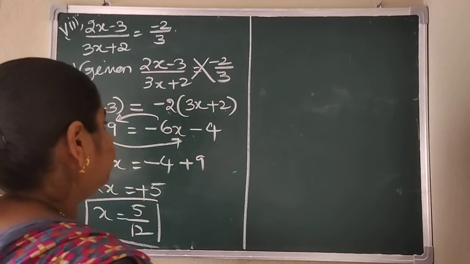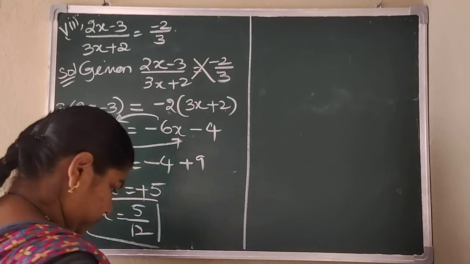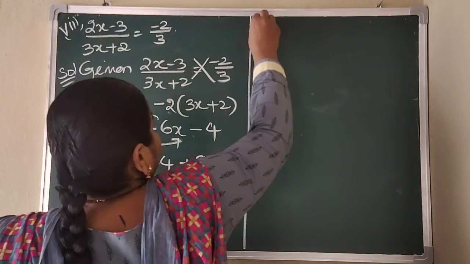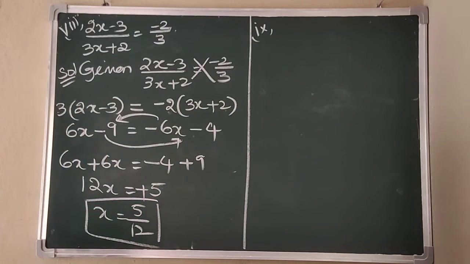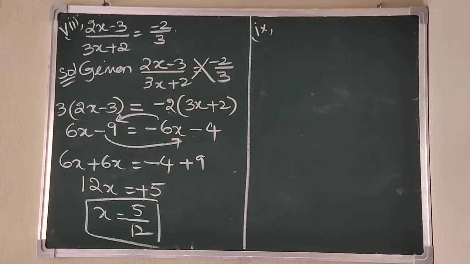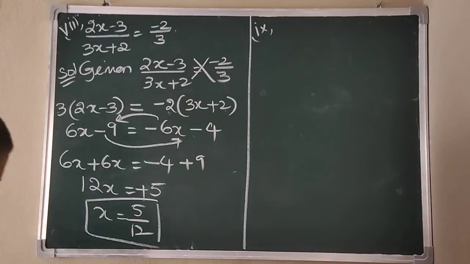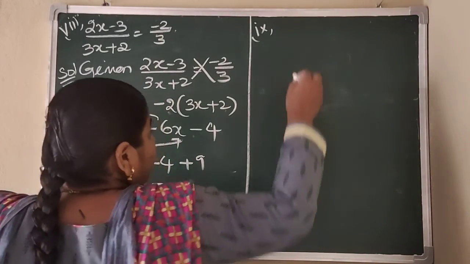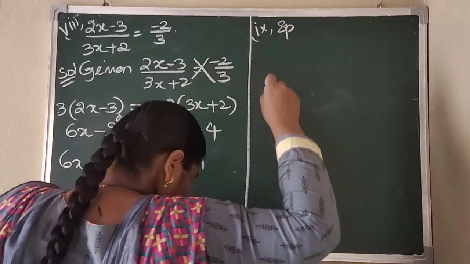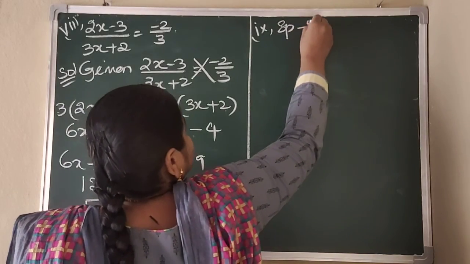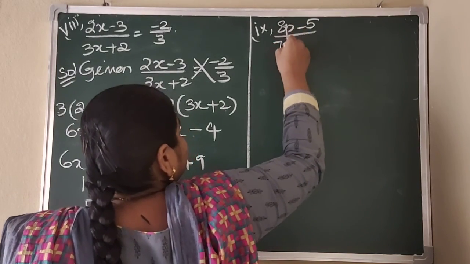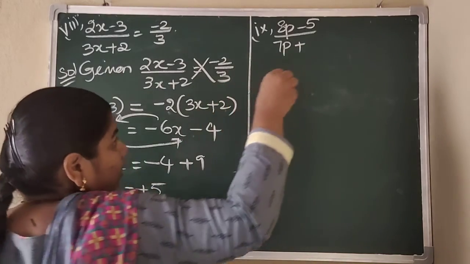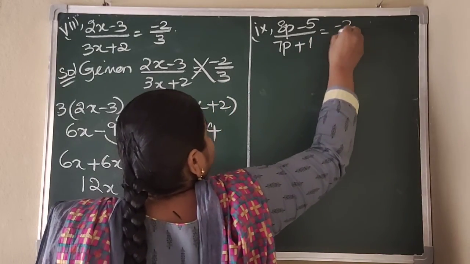Next, 9th one. 9th one also we have to do in the same order. (8p minus 5) by (7p plus 1) is equal to minus 2 by 5.